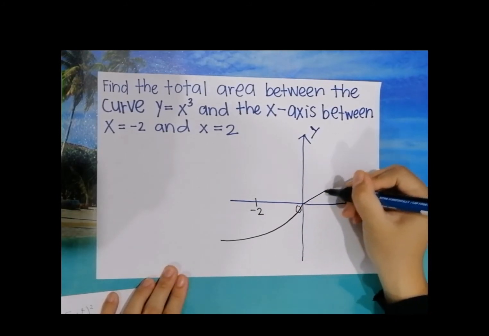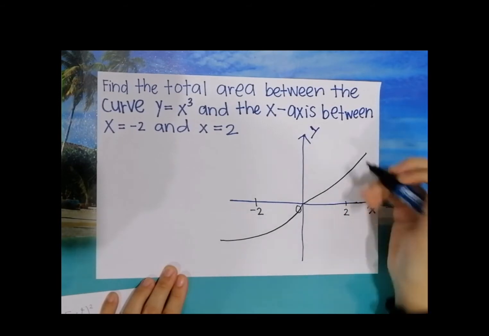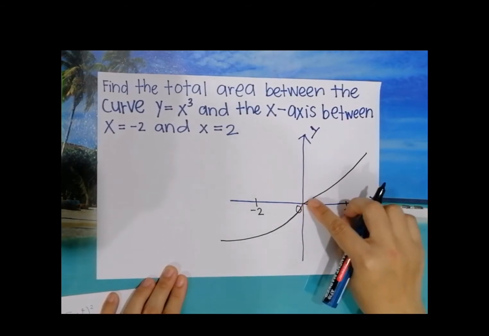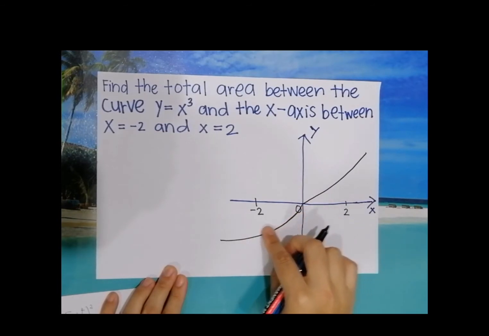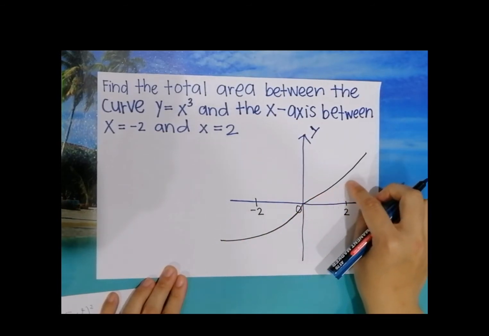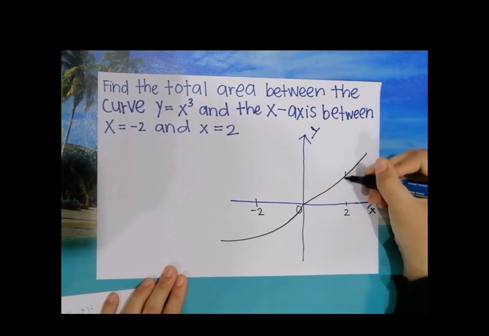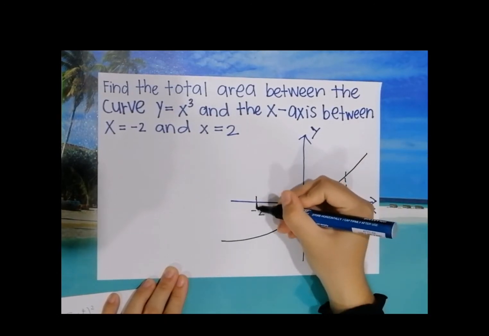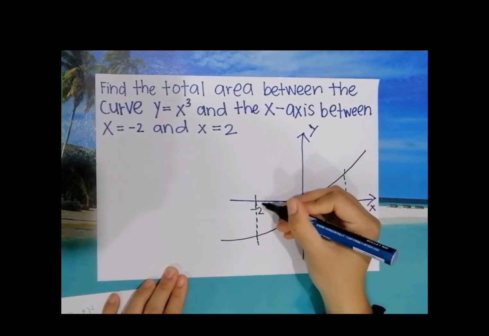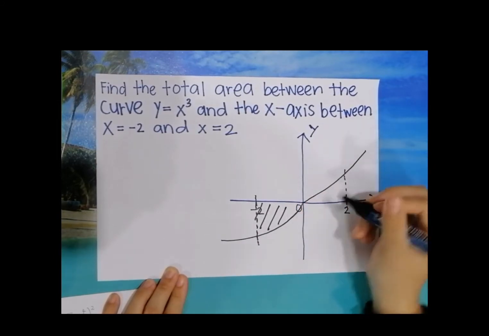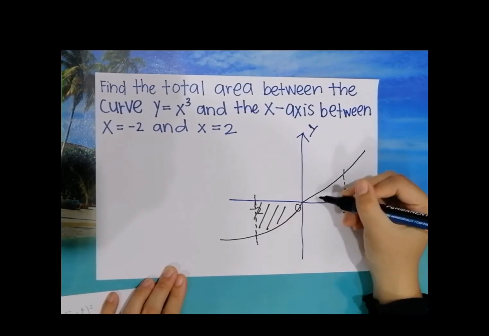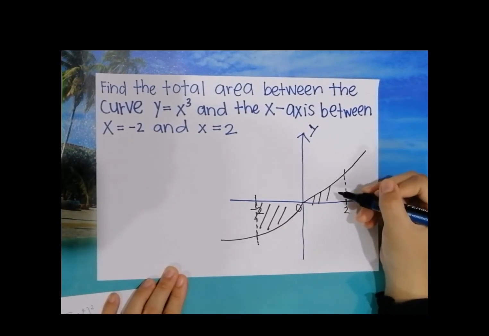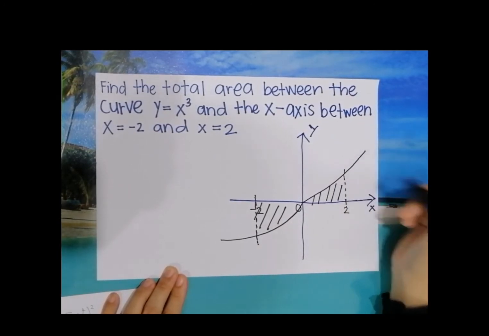So like this. This one comes out negative, so it will go down, and this one comes out positive, so it will go up. And then shaded. This one is for area under the x-axis, negative, and this one is area above the x-axis, positive.